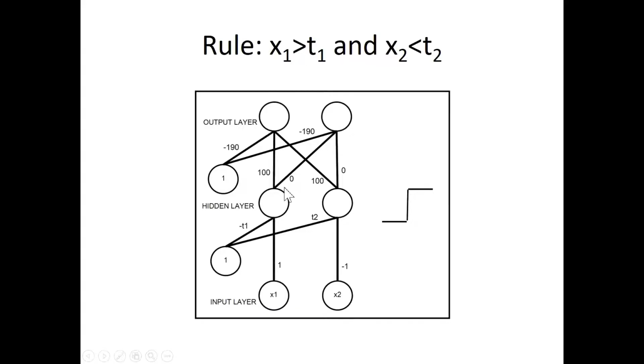The activation is 0 because of the 0 weight here. So it's really a logical AND, which encodes the activated antecedents. If only one antecedent is activated, we have 100, the other is 0, and 100 minus 190 is negative, so it goes to 0. So we really require those two neurons to be activated to obtain this rule with the two antecedents.